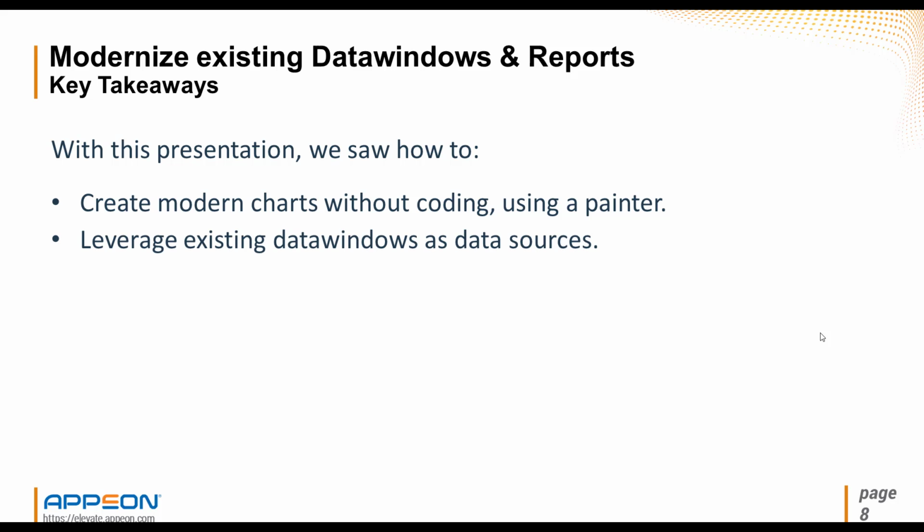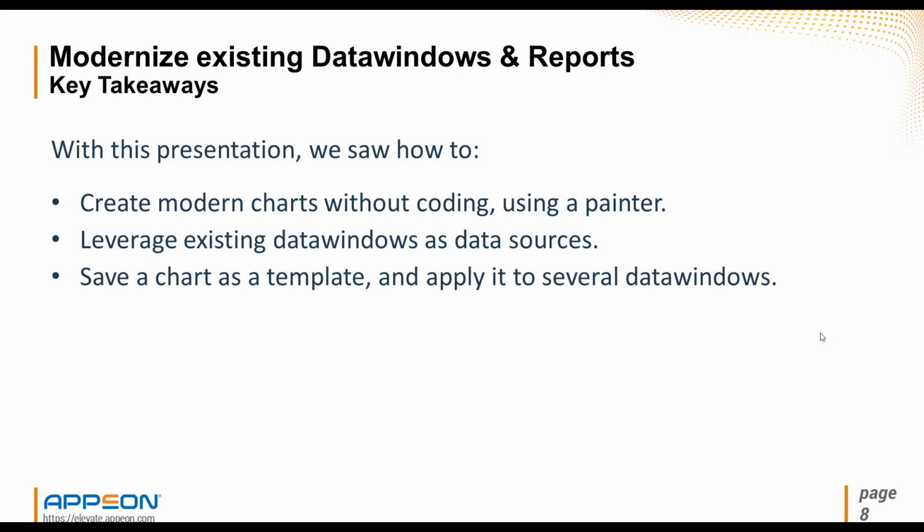Leverage any existing data window as data source, and at the same time modernize their presentation by adding the chart as a presentation layer on top of the existing data window. Save a chart as a template once you're satisfied with the details, the colors, the attribute, the animations, etc. And then you can apply this template to as many data windows as you like to modernize a large series of them in a very short amount of time.